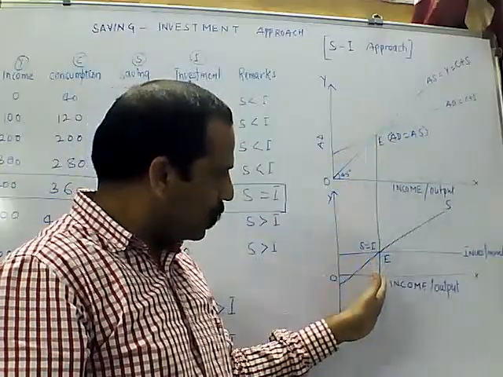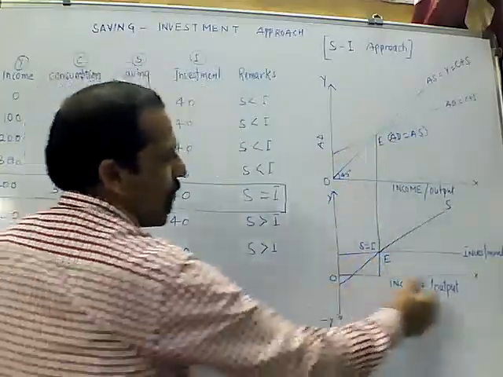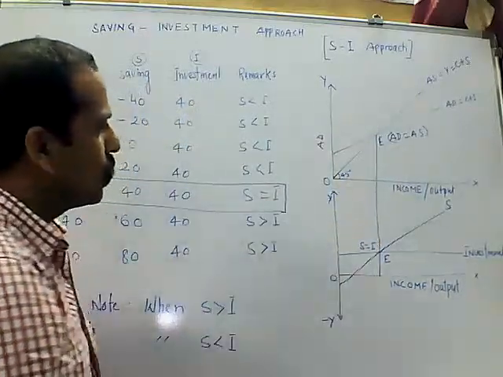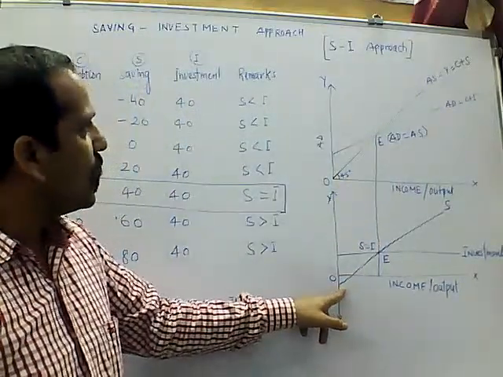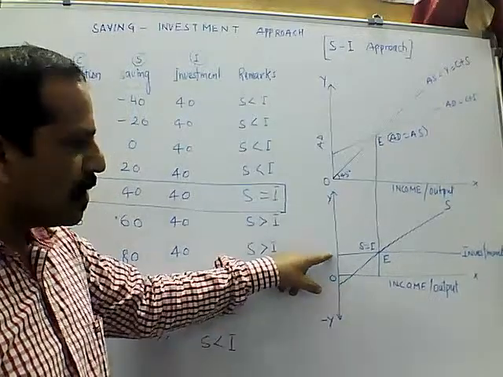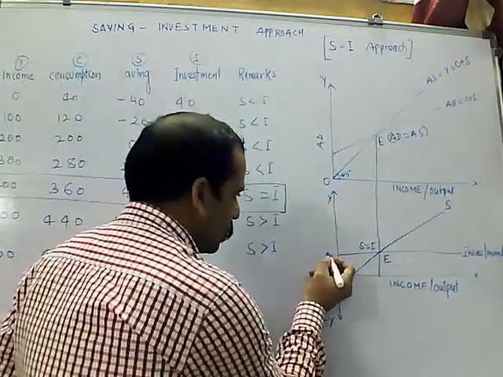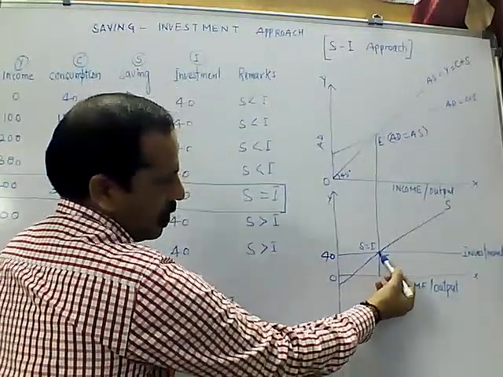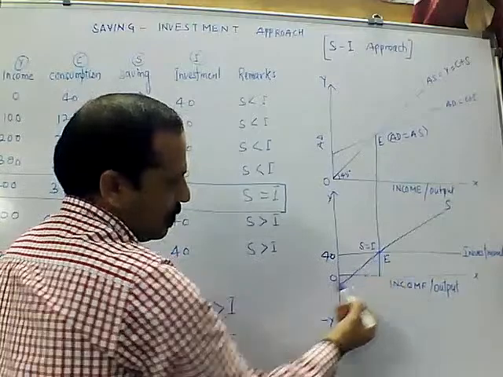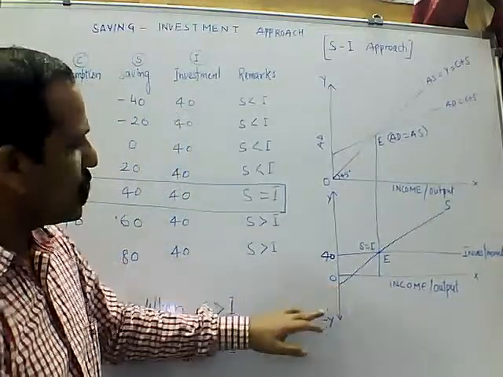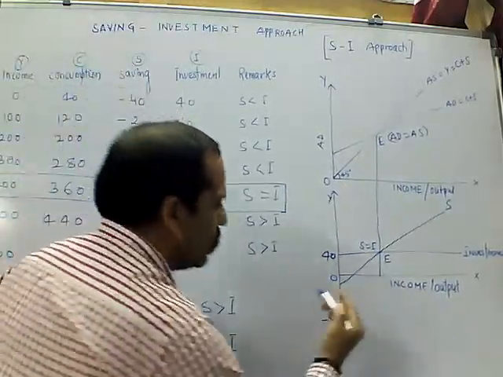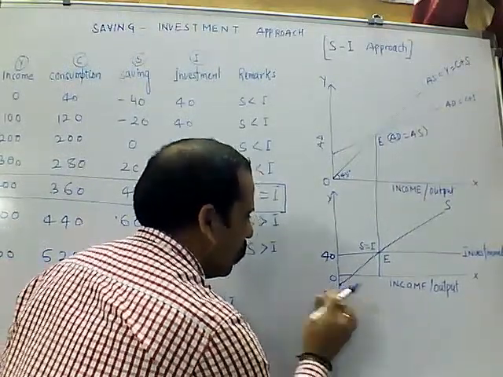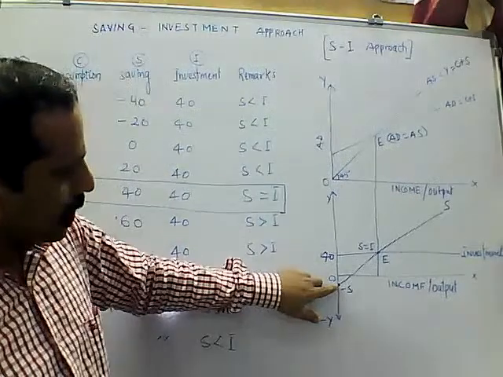Now perpendicular to it, on the OX axis, means part number 1 of the diagram and part number 2. See here that saving keeps on increasing. This is your investment, 40. Now see, before point E, start from this particular point, minus S. I'm marking this area.